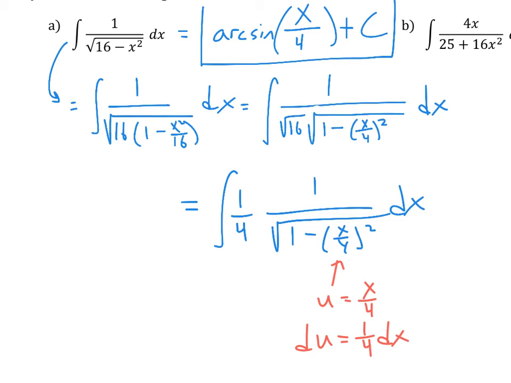Well, we have 1 over 4 dx, so there's my du. And we're going to write this as u. So finally, we get this.